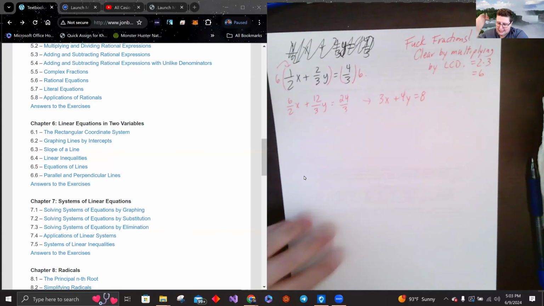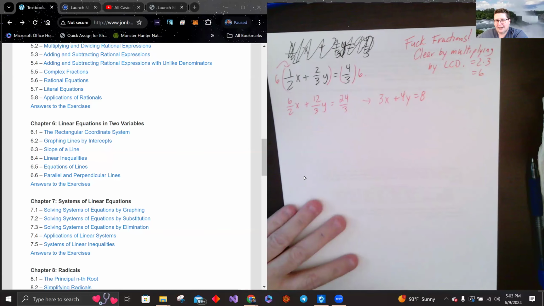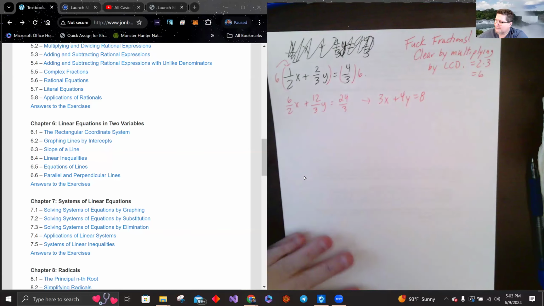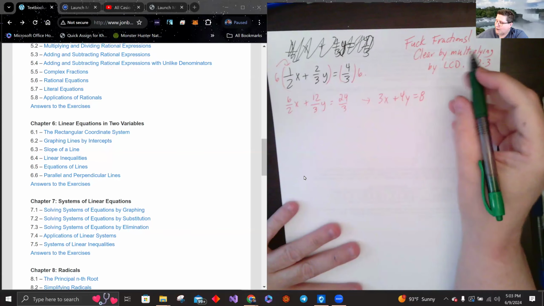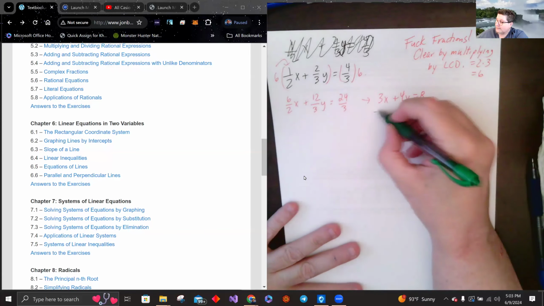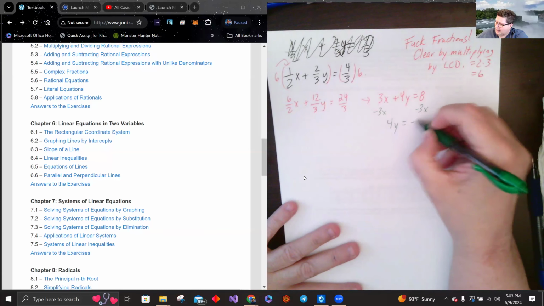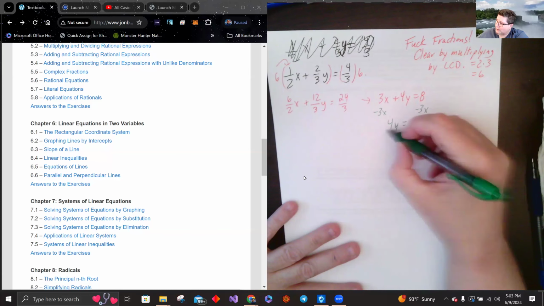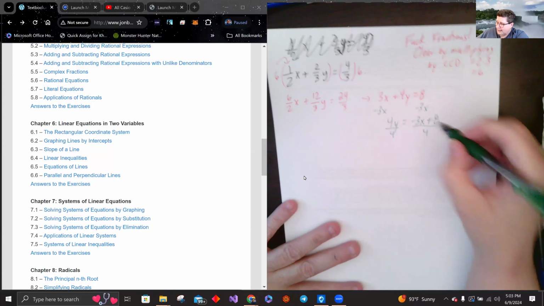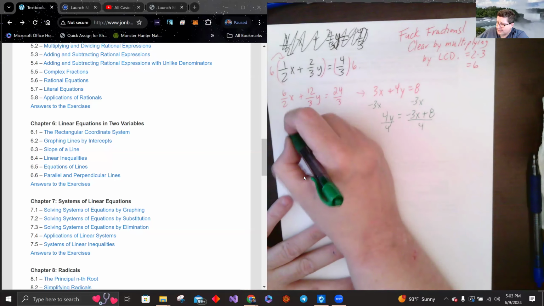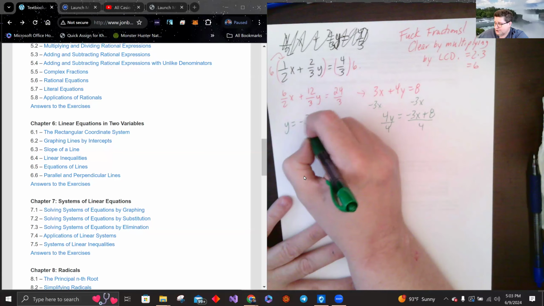Now I'm probably going to have fractions at the end, but at least I'm not trying to get a common denominator and add, subtract fractions. Now I can subtract 3x, and I can divide everything by 4. Y equals negative 3/4 x plus 2.